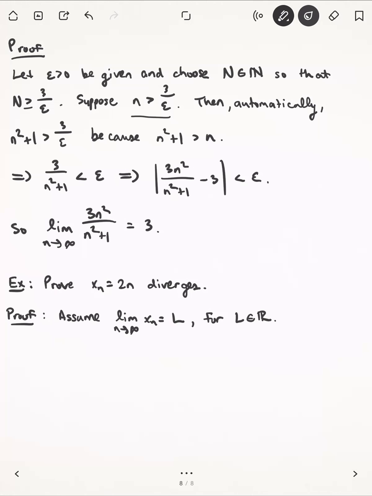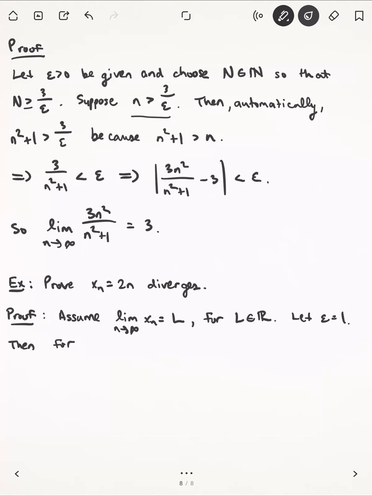Let epsilon be equal to 1. And again, I'm fixing epsilon here because it's not any epsilon; if I can find one epsilon for which I can show that this is not true, then we've proven that it diverges.